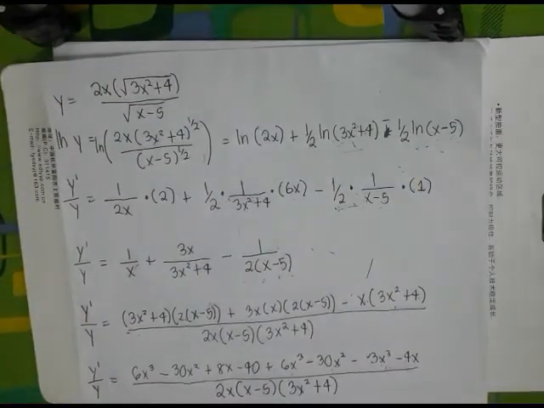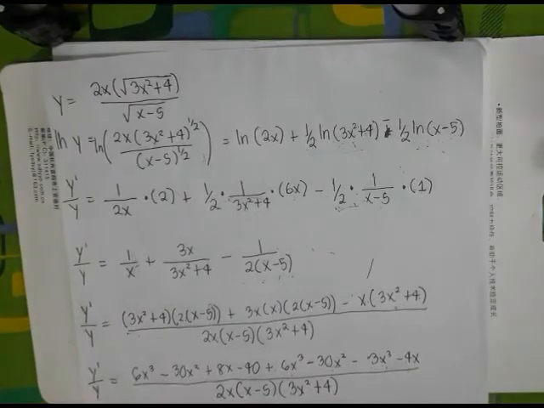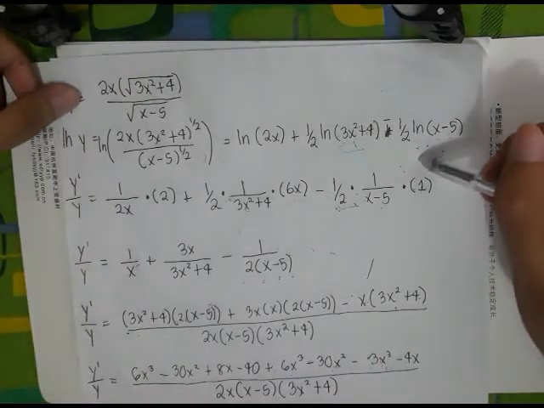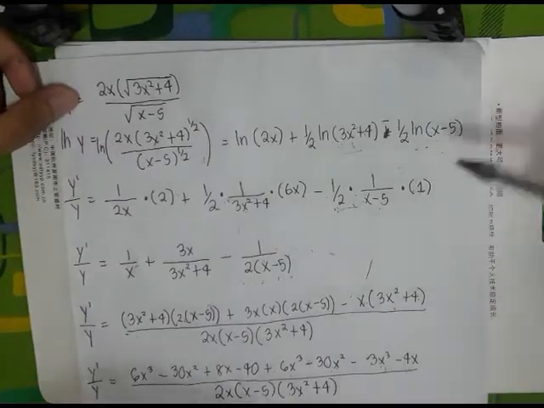Now we have the natural log of both sides with the logarithmic properties applied. Now we derive both sides and reduce into a single fraction.